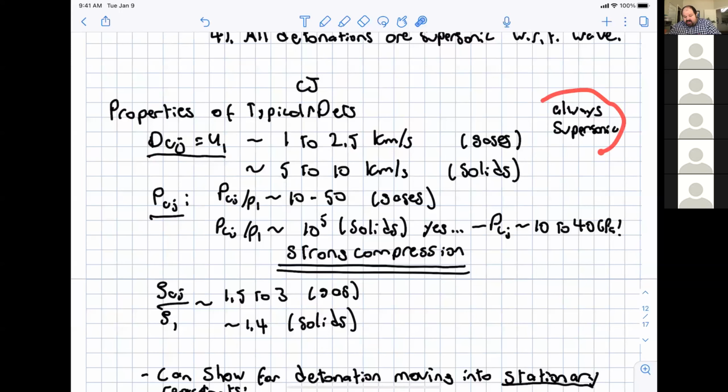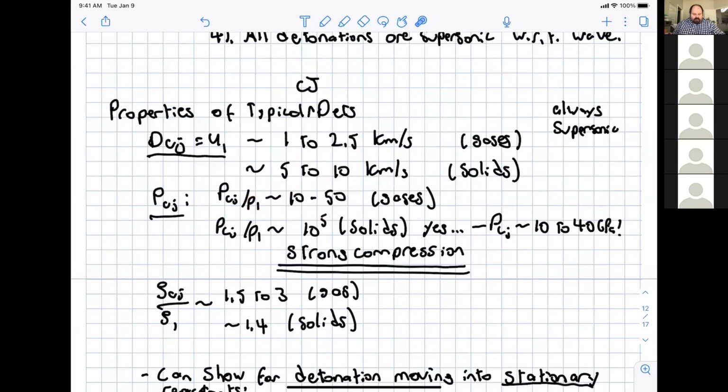They are always supersonic waves. The CJ pressure over P1 bumps the pressure up by about a factor of 10 to 50 for gases. That's why a hydrogen-air explosion produces so much damage, because the detonation wave suddenly bumps up the pressure by about a factor of, say, 10 to 20.